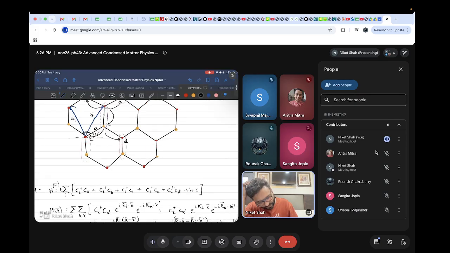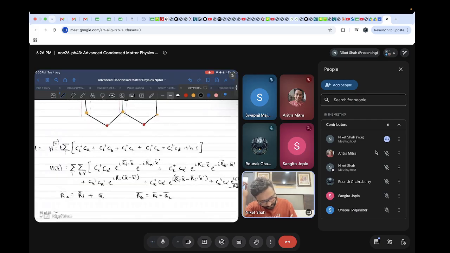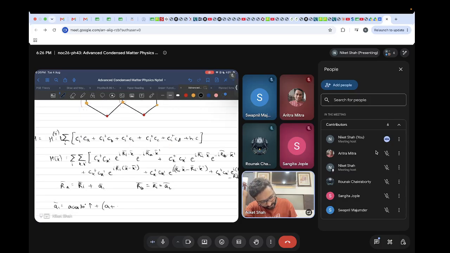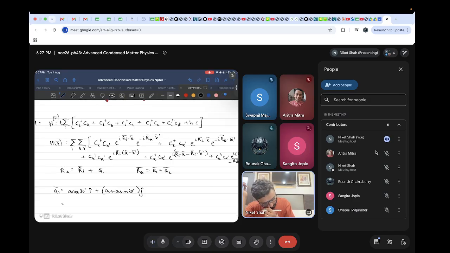A1 equals A cos 30 degrees i cap plus A sin 30 degrees j cap. That is A root 3 by 2 i cap plus, sin 30 is a half, so A by 2 j cap.